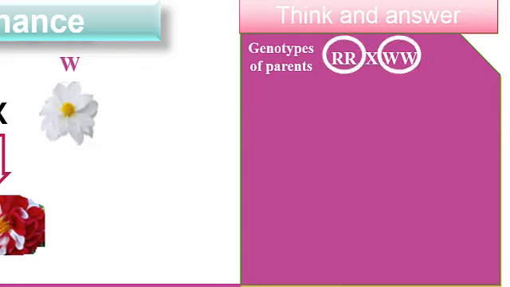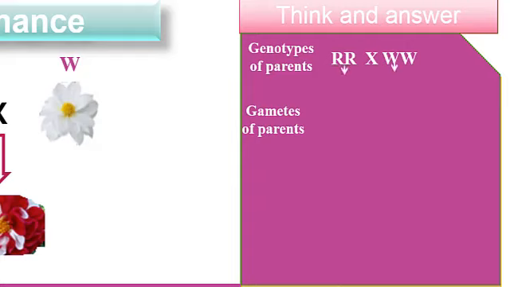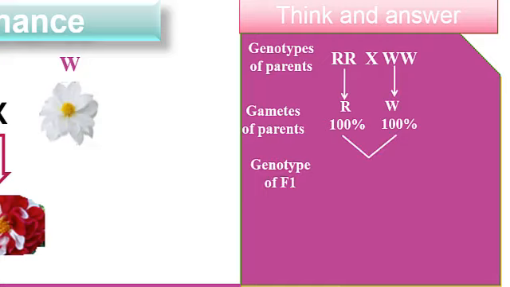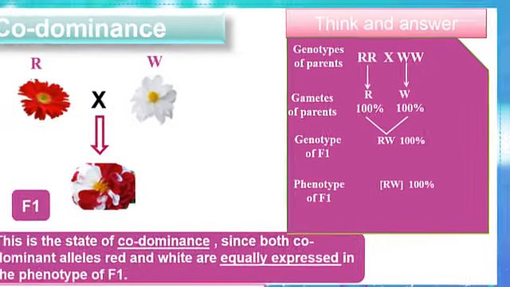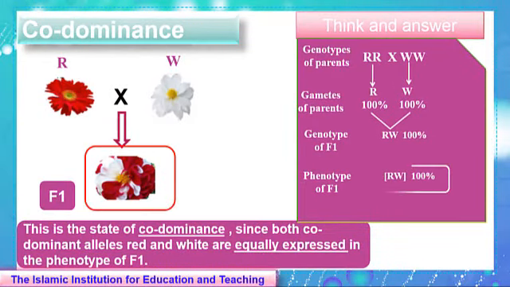Gametes of the parents are: all the male gametes will carry the R allele and the female gametes carry the W allele. When fertilizing the male and female gamete, we get 100% generation with RW. The phenotype of the F1 will be RW, which means red spotted white. This cross is called hybridization.